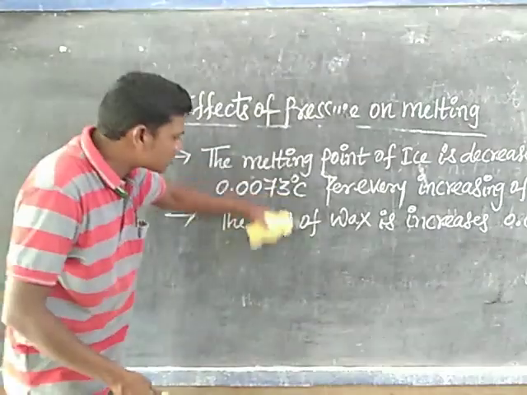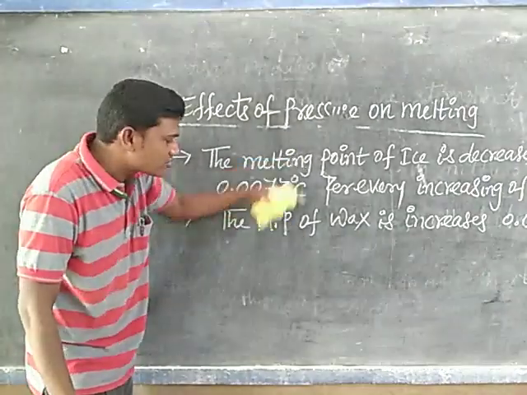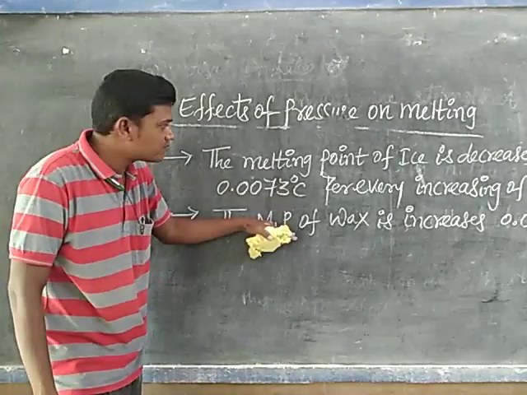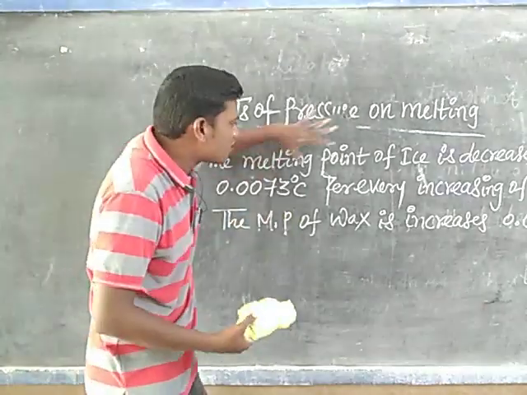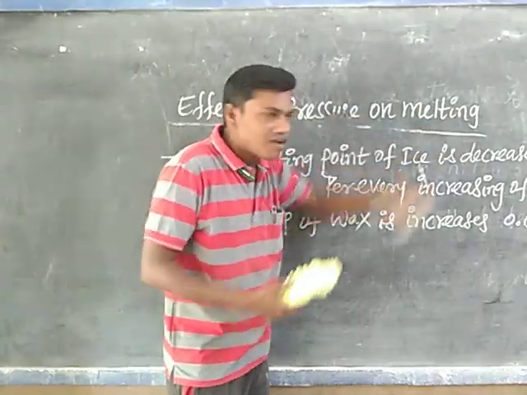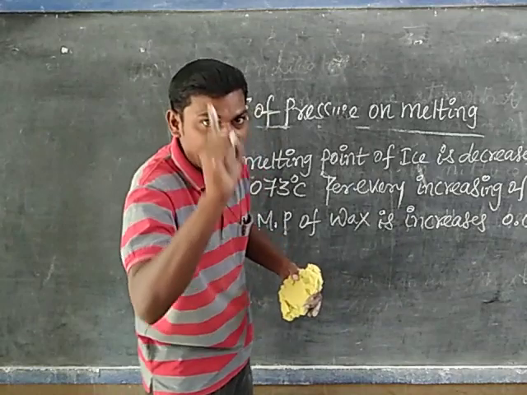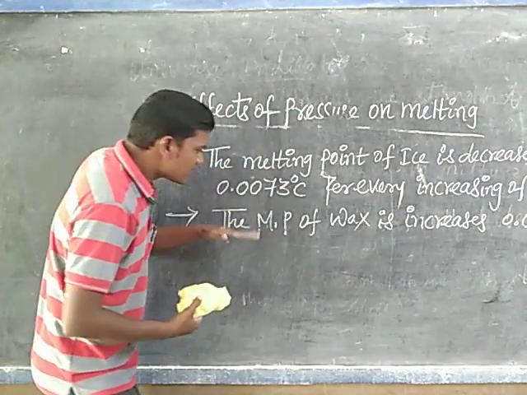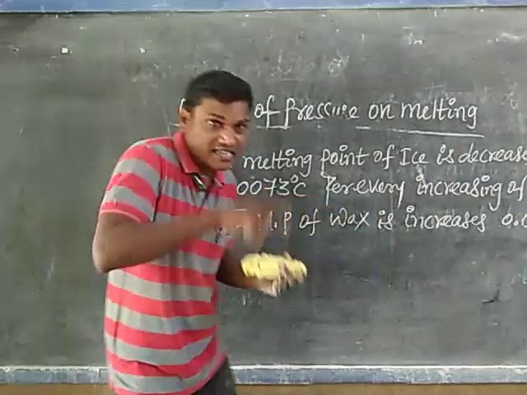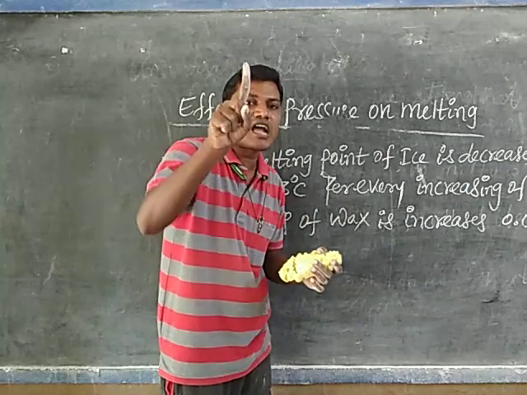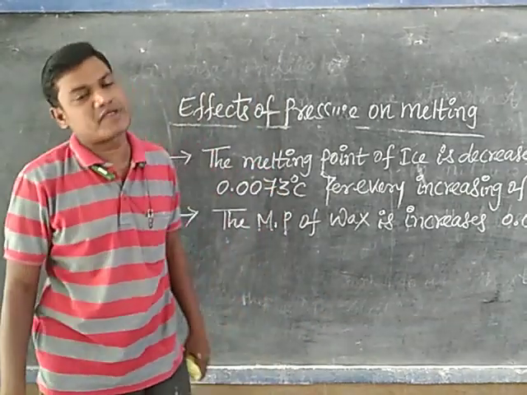From these two statements we observe that the melting point of ice decreases for every increase of 1 atmospheric pressure, and the melting point of wax increases for every increase of 1 atmospheric pressure.